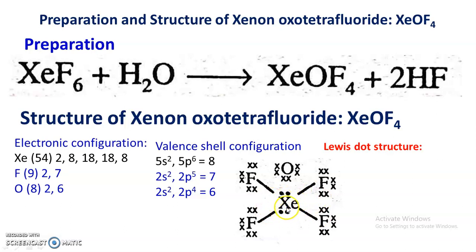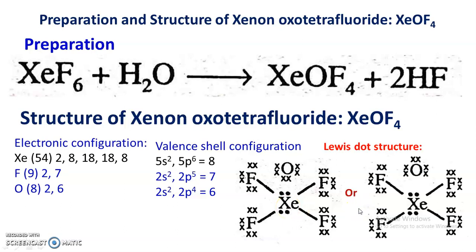So here xenon is at the center and 4 fluorine atoms and 1 oxygen atom are attached to xenon, and in this structure actually 4 fluorine atoms are attached to xenon by means of single bond, whereas oxygen is attached to xenon by means of double bond.